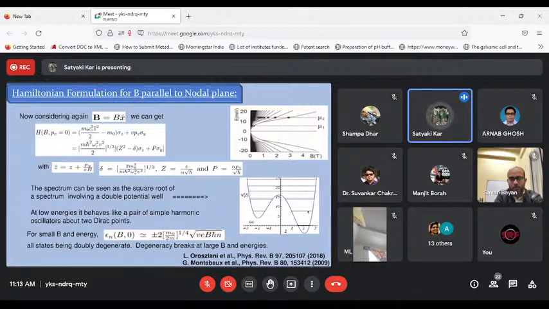When there are energy matches, you get double degeneracy, just like seen here. But as your B is increased, these 2 wells become very close to each other, and the independence between these 2 is lost. The degeneracy that it was enjoying before for small B values will no more be there, and it gets split up into 2 non-degenerate bands like that.